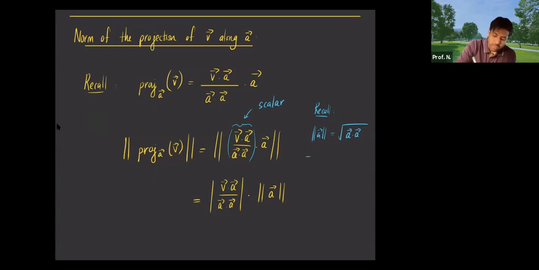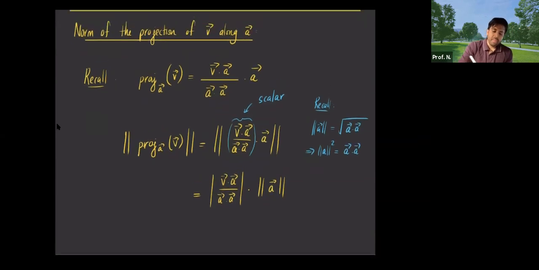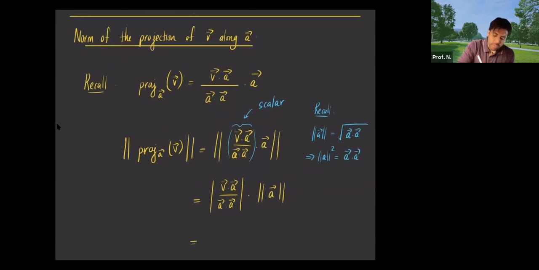Or in other words, the norm of A squared is A dot A. So I can rewrite this as the absolute value of V dot A all over the norm of A squared. Does everybody see that?